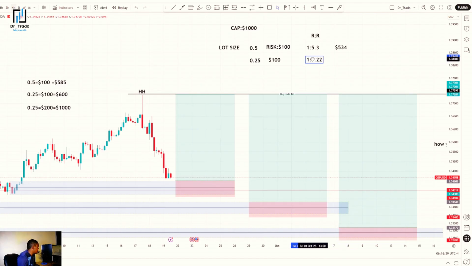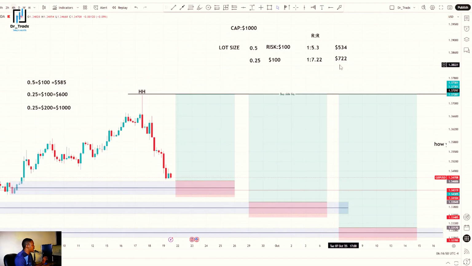Now that is the risk to reward ratio. What does that mean, how much am I going to get? Just be with me. I'm going to get around $722. Are we together? $722.